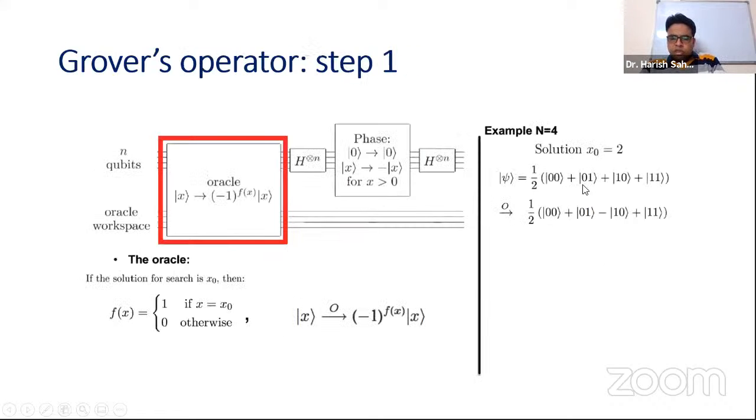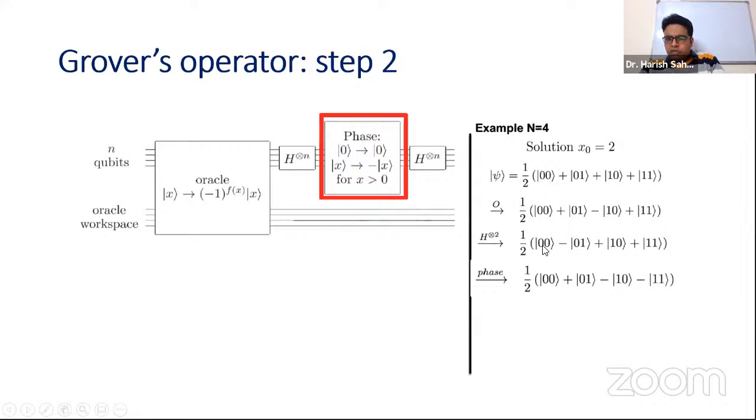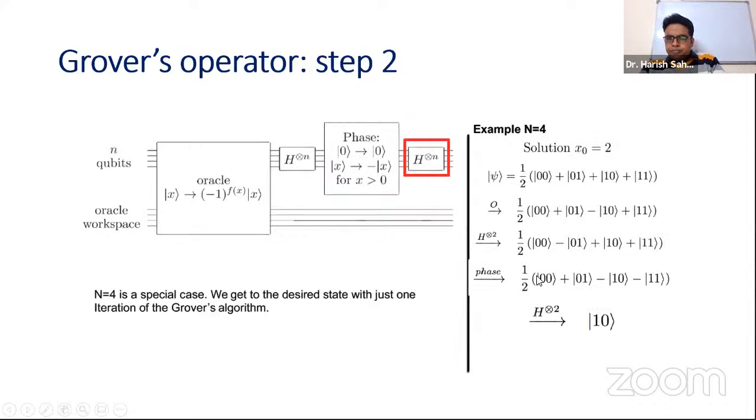So you should be able to understand that the first step changes the phase of the desired state. Second step, we apply this Hadamard. On application of Hadamard, each state goes to multiple states with some phase difference, so some substates cancel out and we get this kind of state. Then we change the phase of all states except 0, 0.